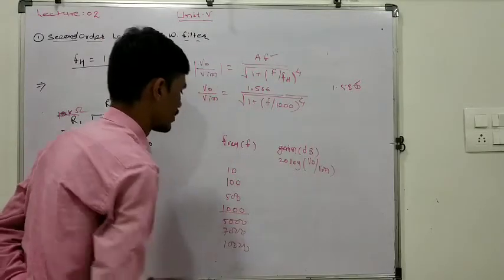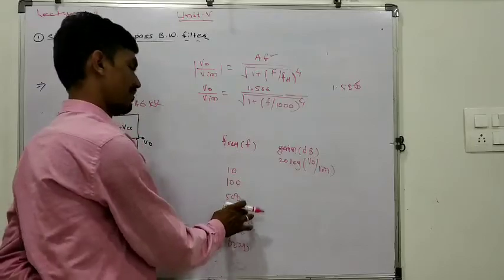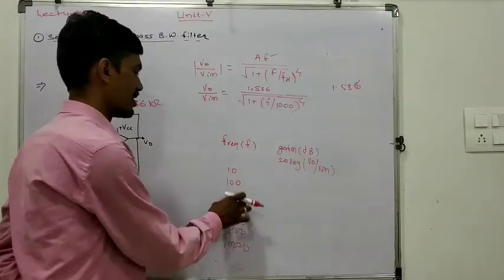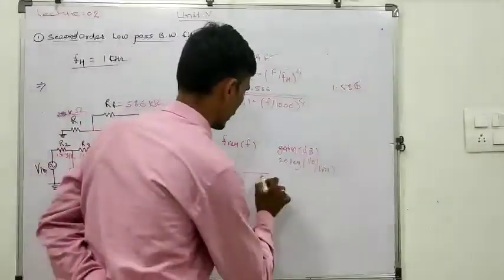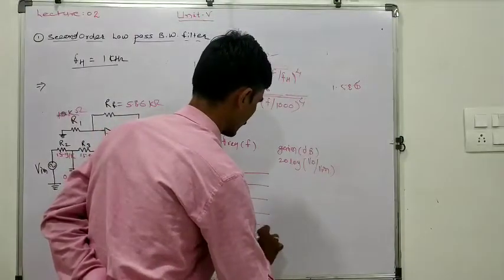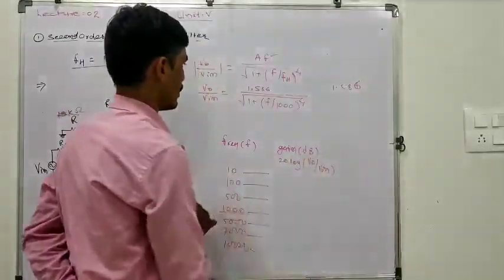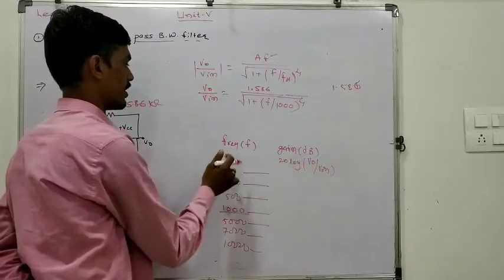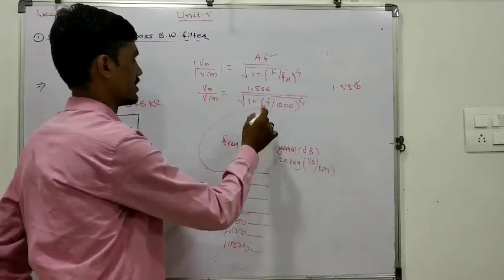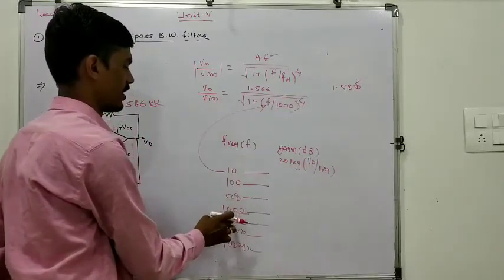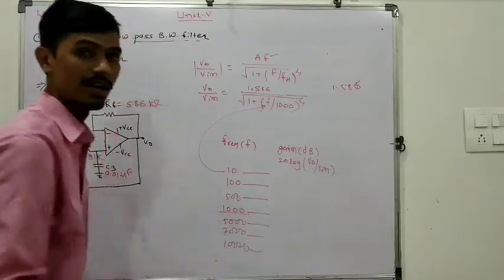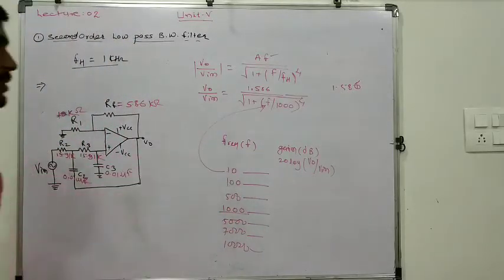So this is the cutoff frequency. Whatever cutoff frequency is mentioned must be included in the frequency table. So we have to just replace this frequency F by 10, 100, 500, 1000, 5000, 7000 and 10,000, and we have to calculate the respective gain in decibel.